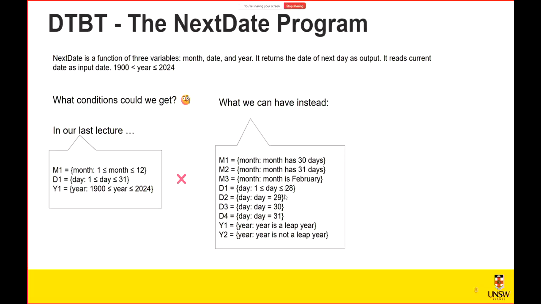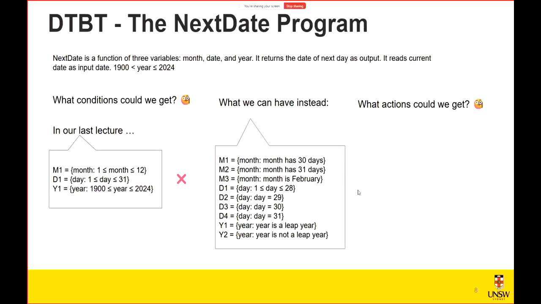Similarly for days, we can have the condition where day is between 1 and 28, the condition where day equals 29, the condition where day equals 30, and the condition where day equals 31. And for years, we can have year is a leap year or year is not a leap year. So these are the conditions we can have to capture the detailed logic between day, year, and month.